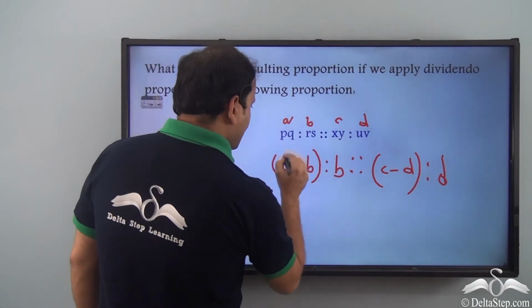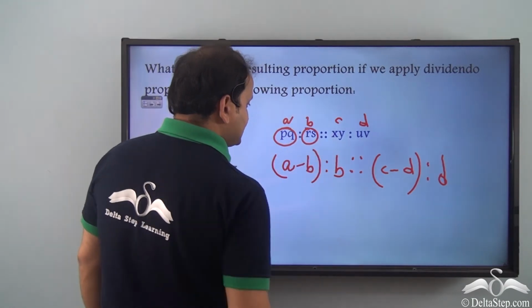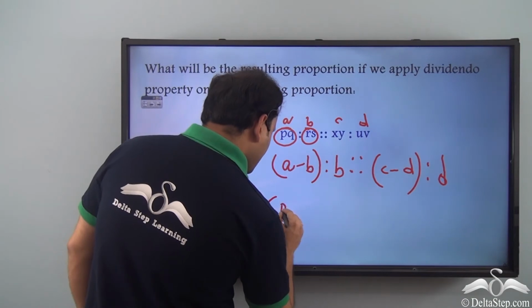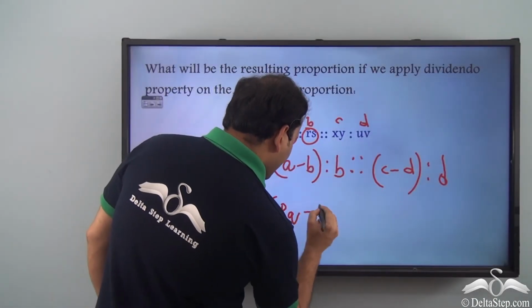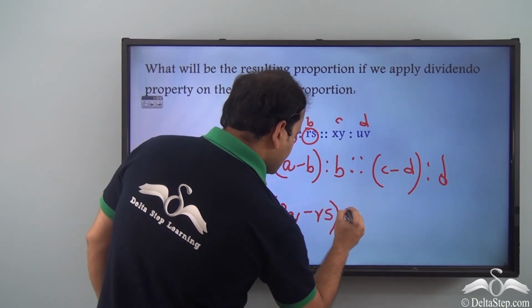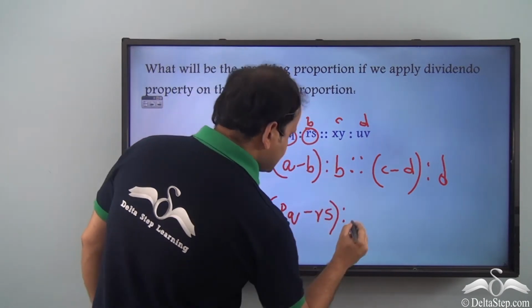Well, this is the first term PQ and the second term is RS. So it will be PQ minus RS is to, what is the second term? It's RS.